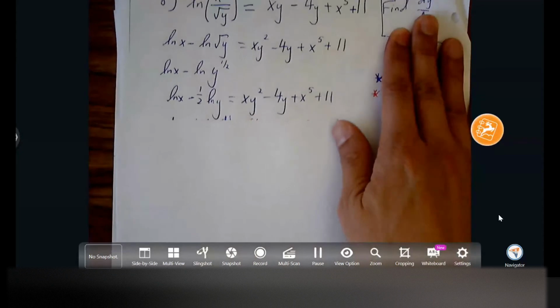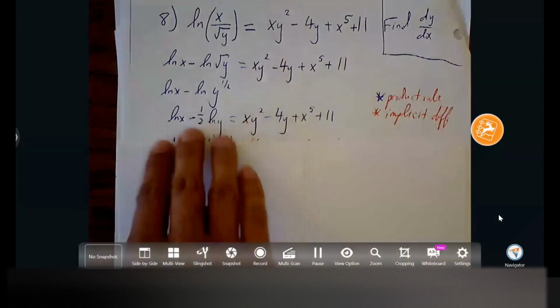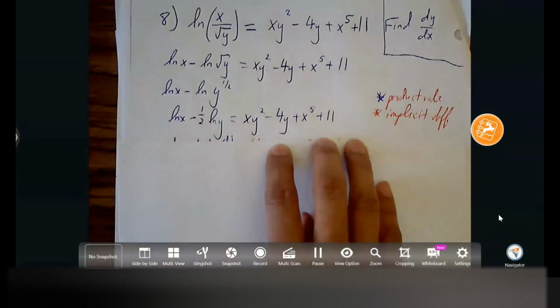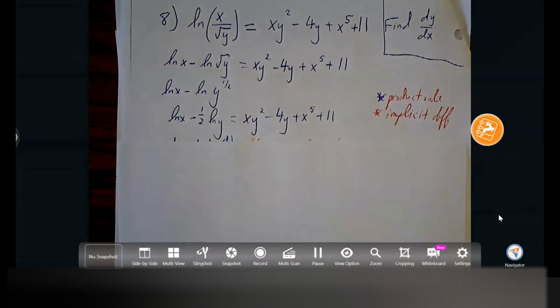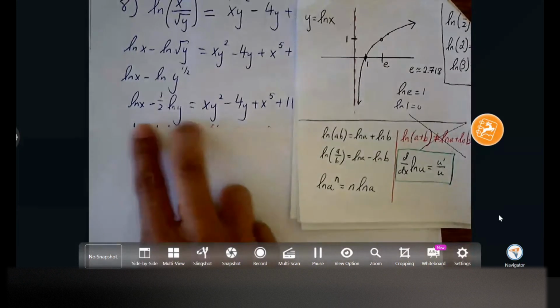Now we're ready for the derivative. We spent some time doing some cleanup on the left side, but now we're ready for the derivative. All right, u prime over u for the two left terms.